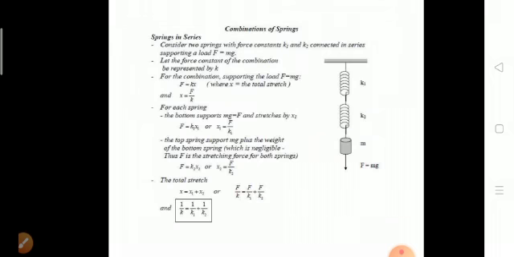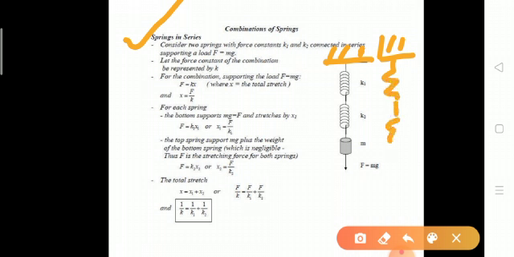After that we are going to see the equivalent spring stiffness concept, in which the first one is springs in series. You are able to see one diagram. Let's suppose this is your fixed support, this is spring 1, then this is spring 2, and one mass is attached at the end of the system.